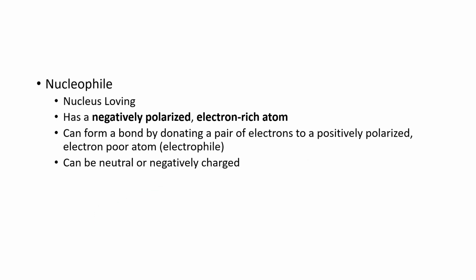When we say a nucleophile, this is a nucleus-loving atom. It is negatively polarized and it is an electron-rich atom. It can form a bond by donating a pair of electrons to a positively polarized, electron-poor atom, or your electrophile.